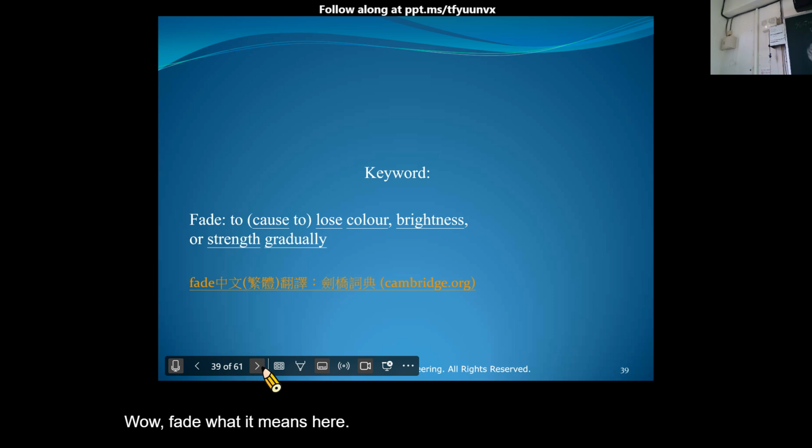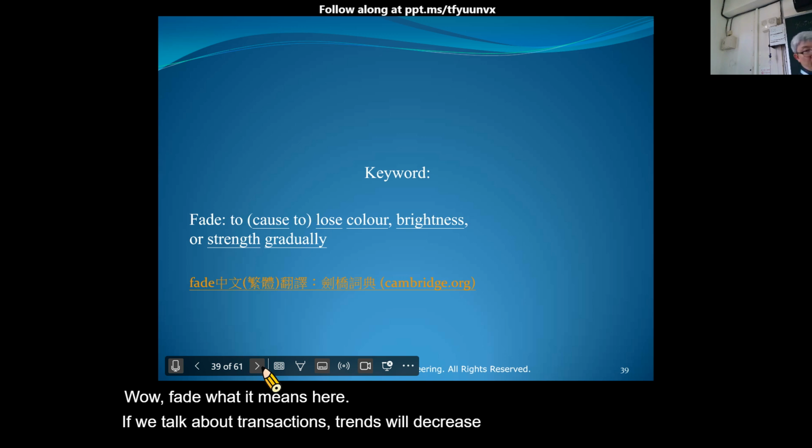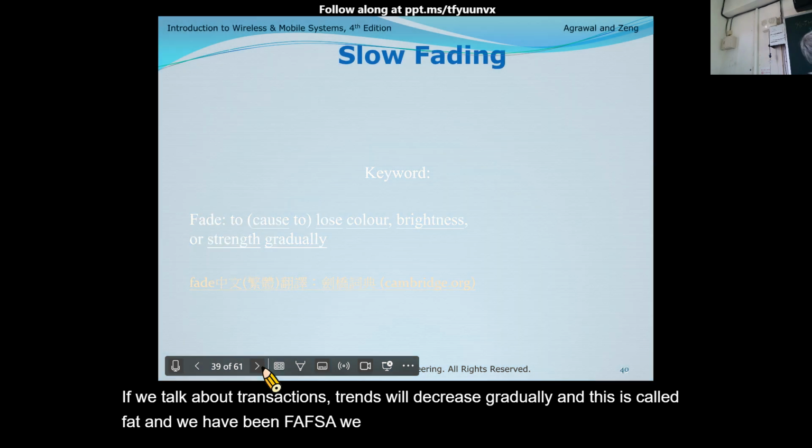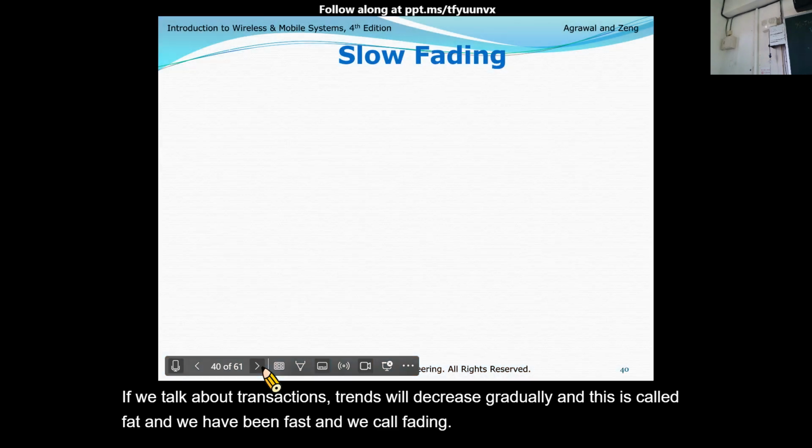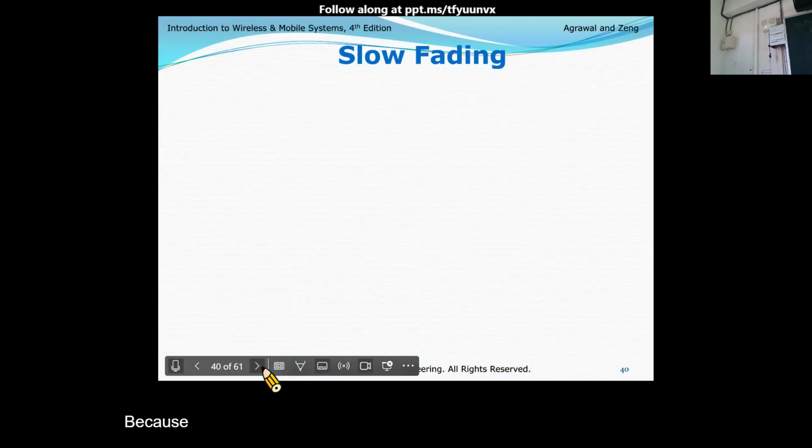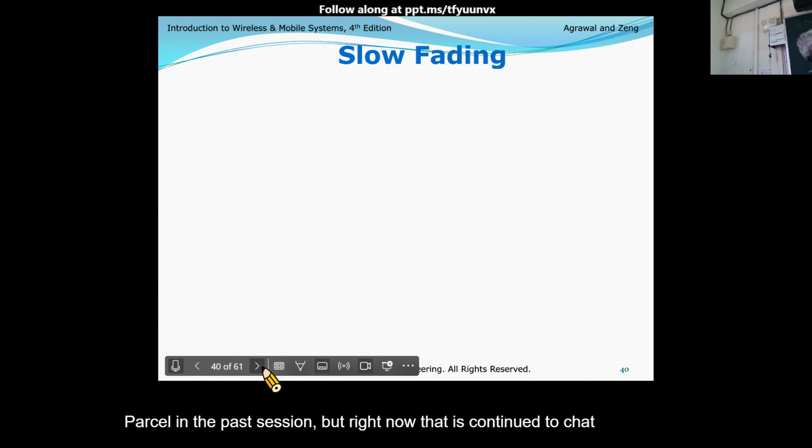If we talk about trends, the trend will decrease gradually, and this is called fade. And we have the effect, so we call it fading. Because we discussed path loss in the past section, but right now let us continue to check the second one, slow fading.